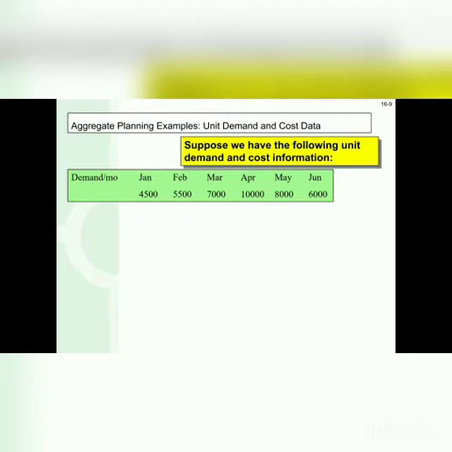Demand according to month is given here, which was already given in the graph. In January, the forecasted demand is 4500, February 5500, March 7000, April 10,000, May 8,000, and June it is 6,000.